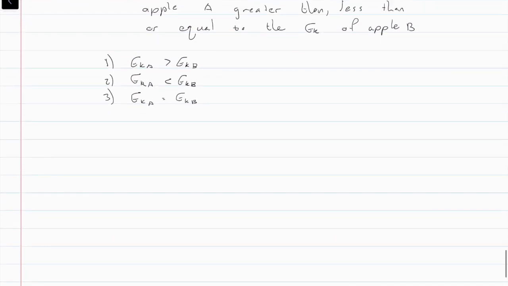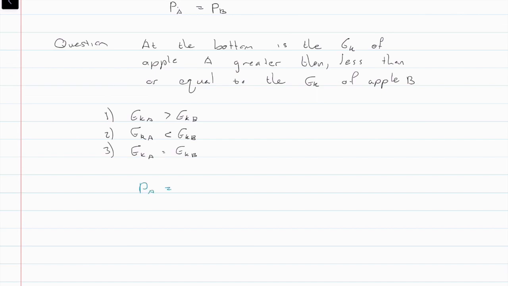So the momentum of A is equal to the momentum of B. That means the mass of A times the velocity of A is equal to the mass of B times the velocity of B. But we know that the mass of A is less than the mass of B. Therefore, the velocity of A must be greater than the velocity of B. That makes sense, because if the mass of A is less than the mass of B, then we need the opposite to happen for the velocities. The velocity of A must be greater than the velocity of B.